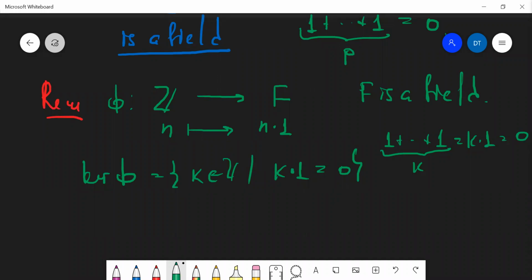Sorry, can I ask a question? Yeah. Is this identity element from F or Z? It's the identity element from F, because otherwise it doesn't make sense.